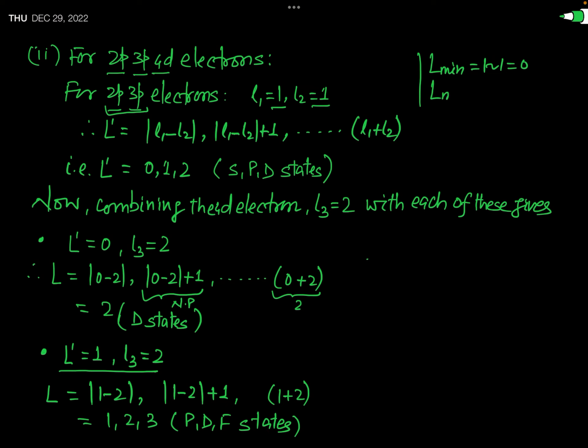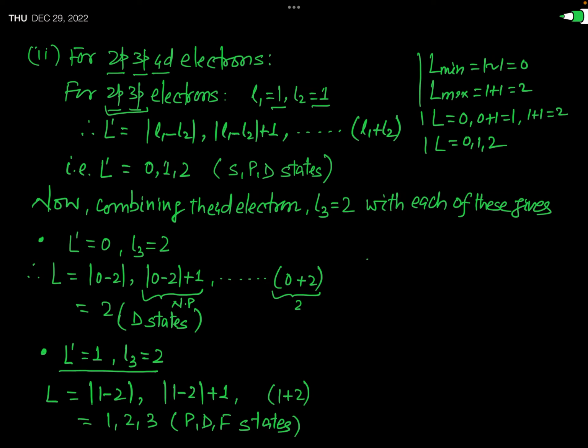And what will be the maximum value of L? Maximum value will be 1 plus 1, that is 2. Now write all the values. First of all, write the minimum value, then minimum plus 1, that is 1. Again 1 plus 1, that is 2. This is the maximum value. So the values of L in this condition will be 0, 1 and 2.